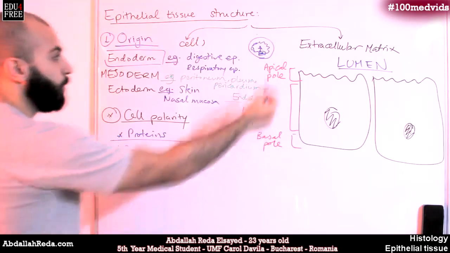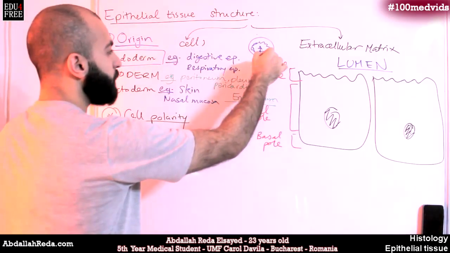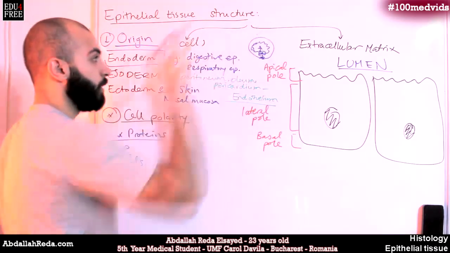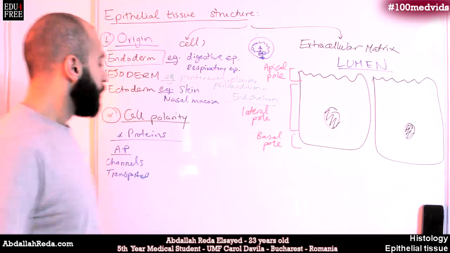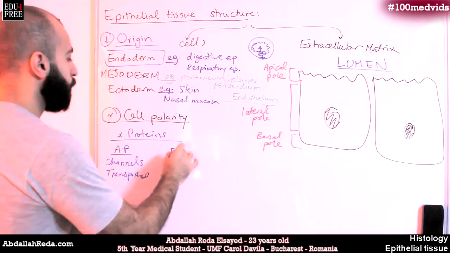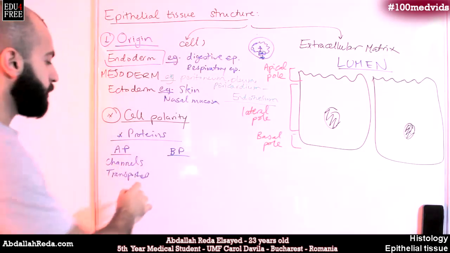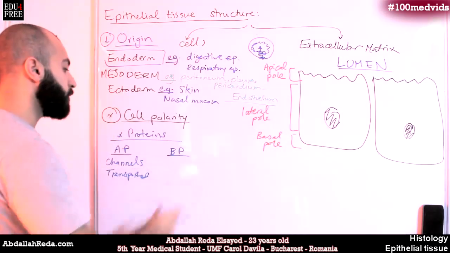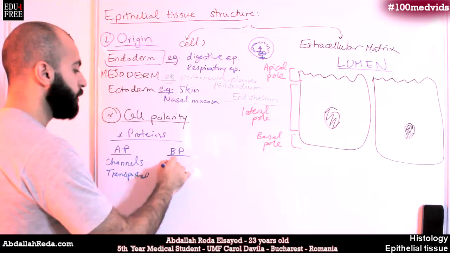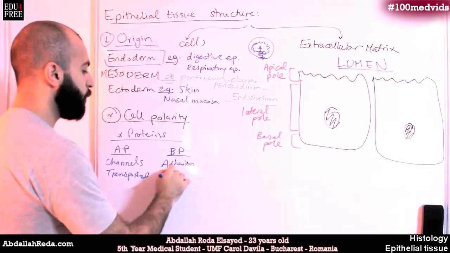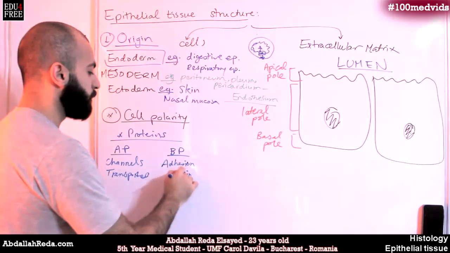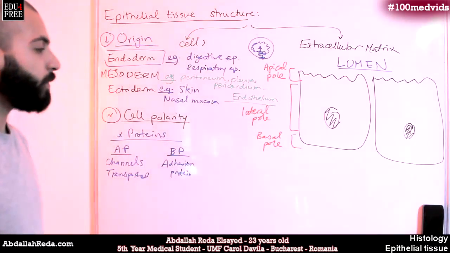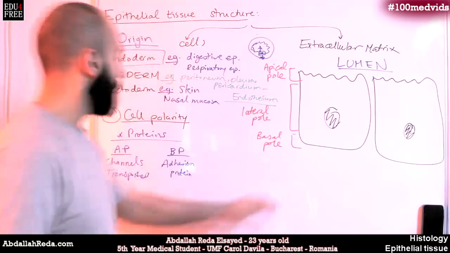On the basal pole, on this part, which is facing the connective tissue of the vessel or the organ, we'd also have some channels or transporters, but the most important part, the specific part for the basal pole, is called adhesion proteins. So we'd have adhesion proteins that would help the cells to stick to the layers beneath them, which we'll talk about in a second.